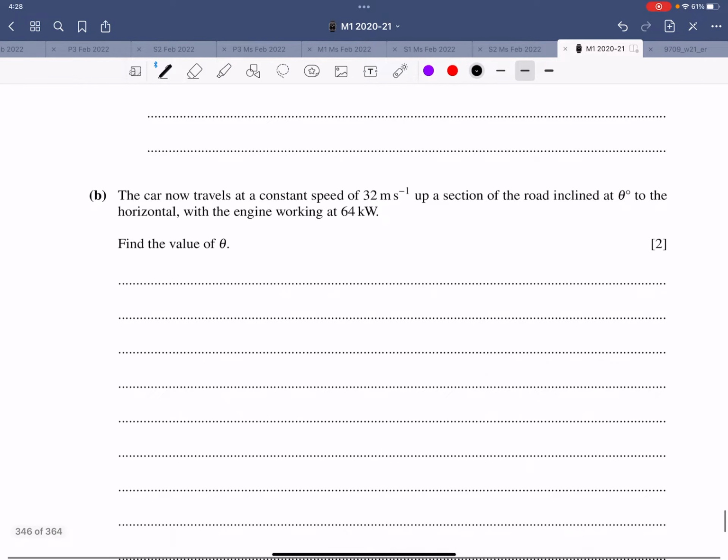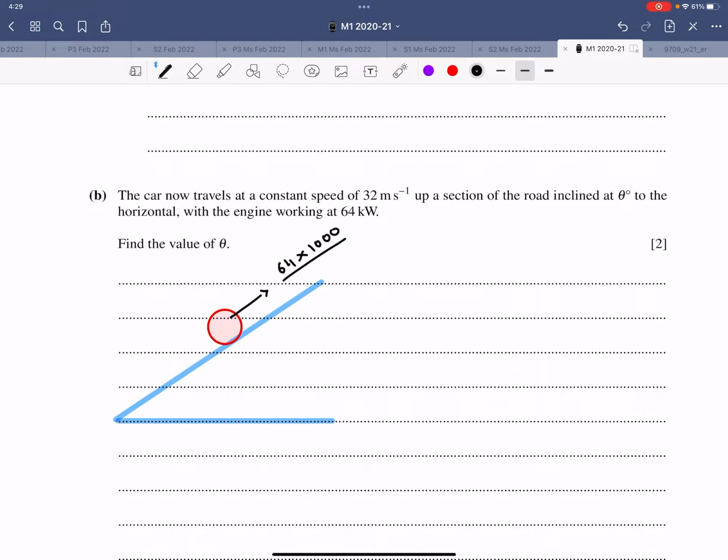The car now travels at a constant speed of 32 up the section of a road incline at theta with the engine working at 64 kilowatts. A more diagram to show the car, the particle. And then what do you have? You have the forward force, that is 64 into 1000 divided by 32.